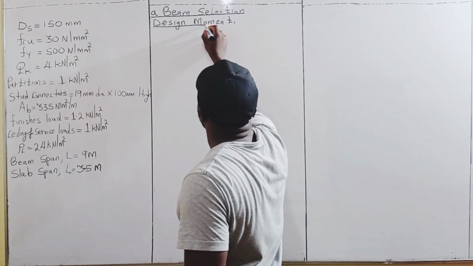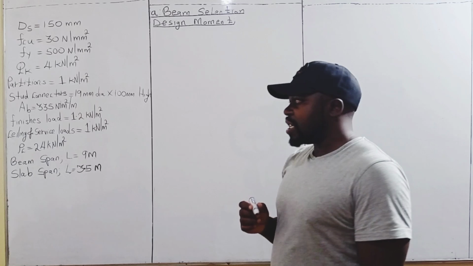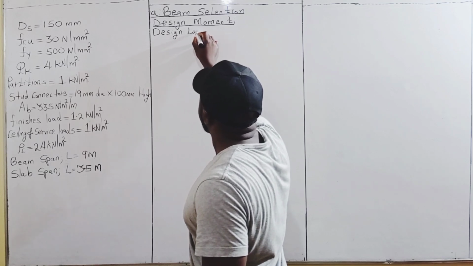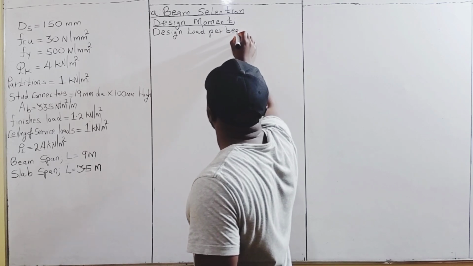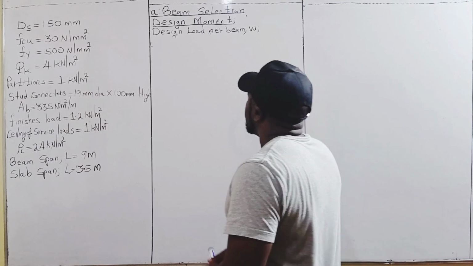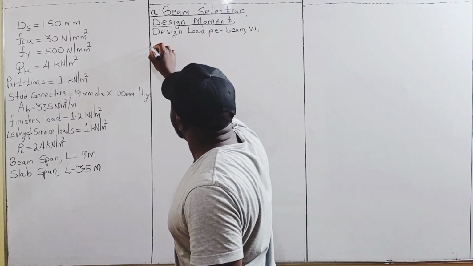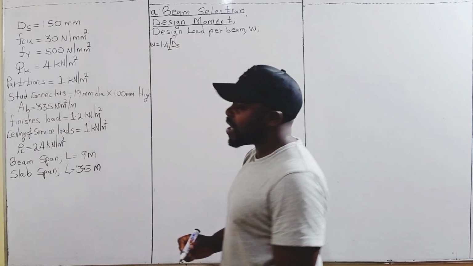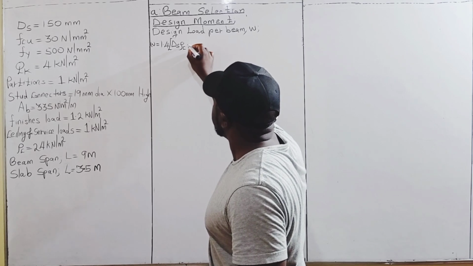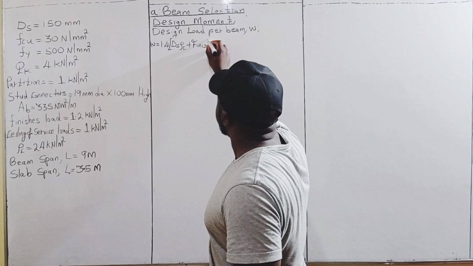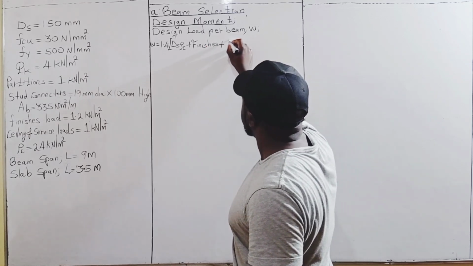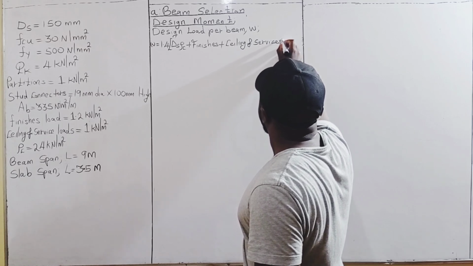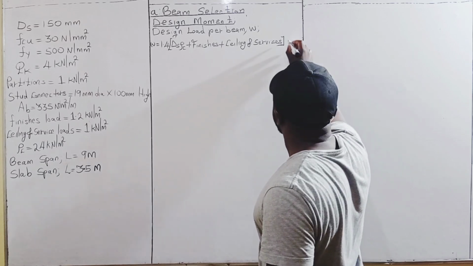In this case, we are first of all going to determine the design load per beam, that is W. Therefore, the design load W per beam will be given by 1.4 into depth of the concrete flange times the density of concrete plus load of all the finishes plus load of sealing and services, and then we multiply by the slab span, that is L.